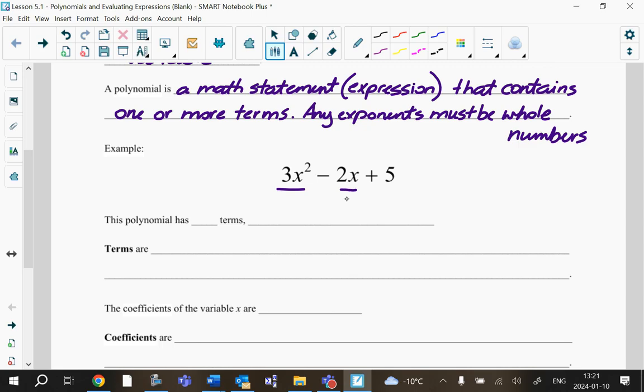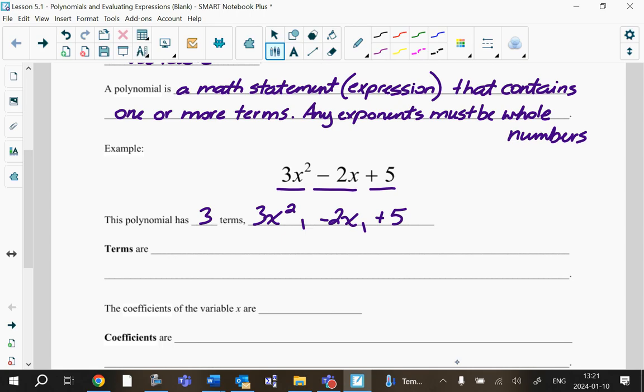This one, negative 2x. We have to include the negative if there's one. And this one, 5. So it has 3 terms, 3x squared, negative 2x, positive 5. That's it.